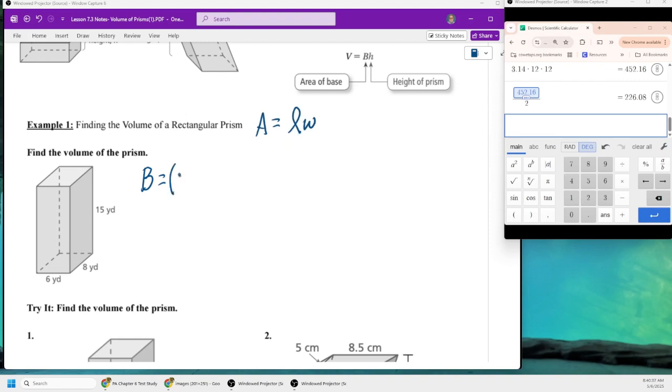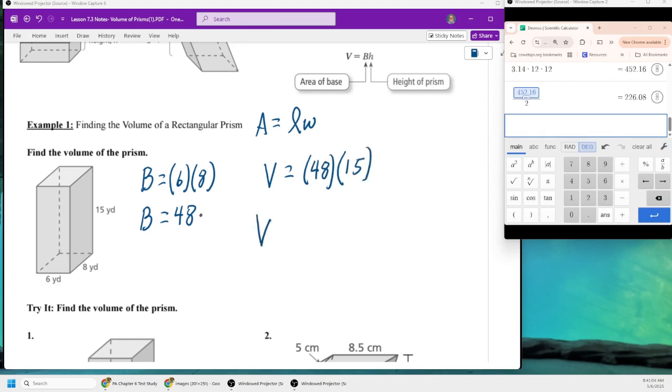So we go 6 times 8. So the area of the base is 48. Then to get the total volume, I take the area of the base times the height of the prism, which is 15.